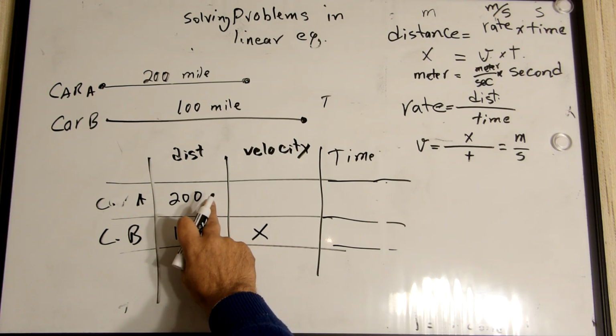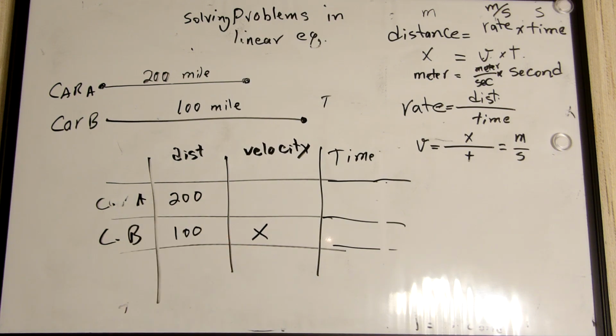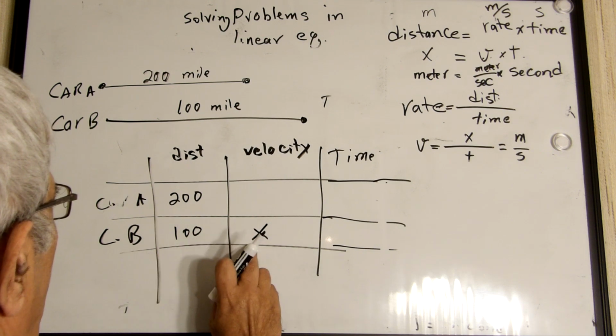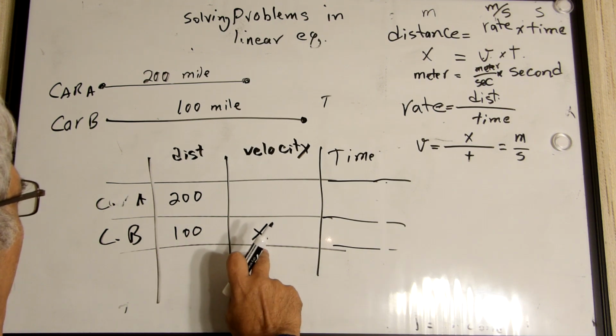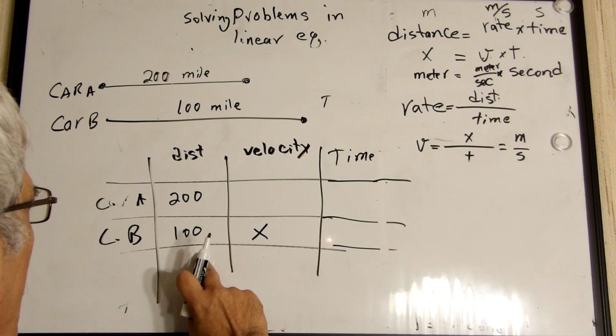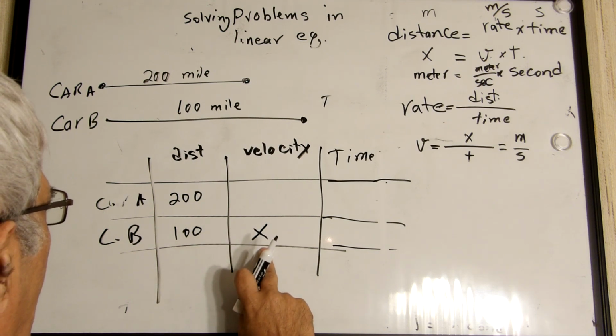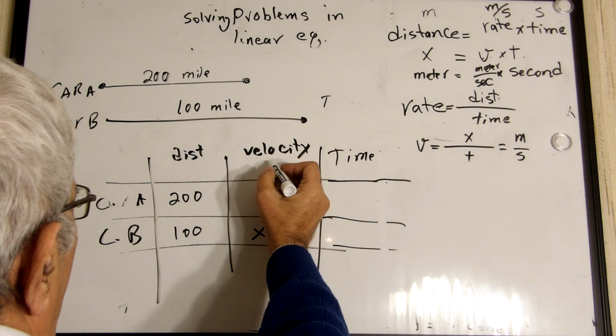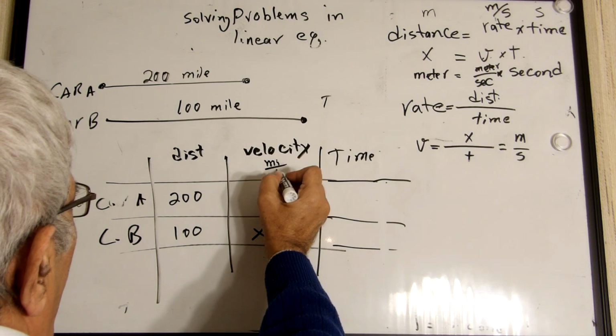This car is going faster. The distance this one travels is 100 miles, and the velocity is x, or the rate is miles per hour.